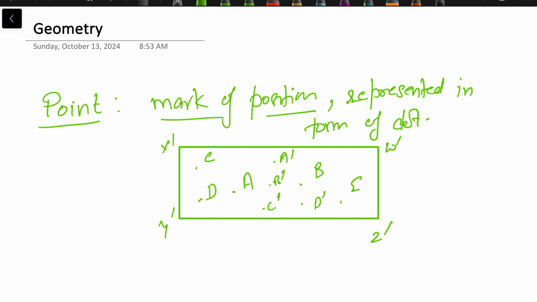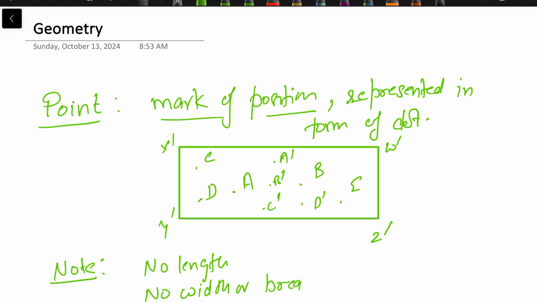Now the point to be noted over here is that a point has no length, no width or breadth, and finally no thickness.